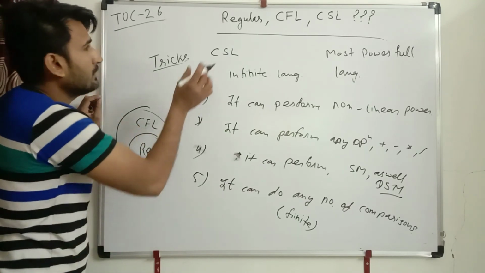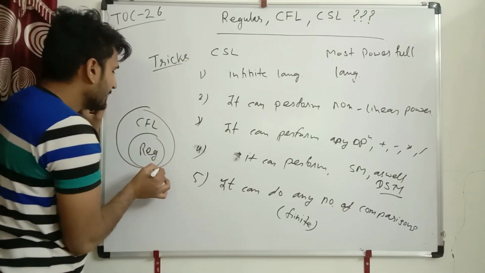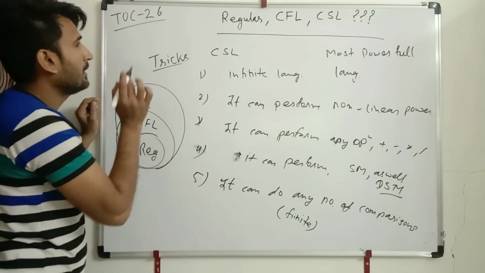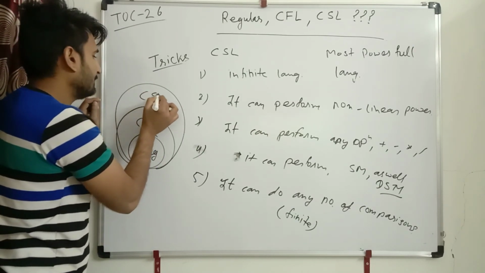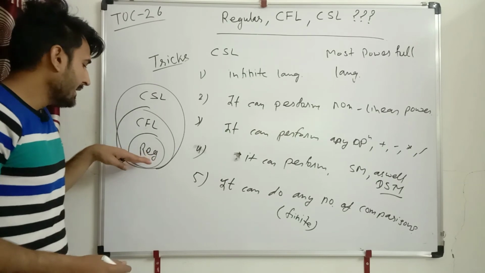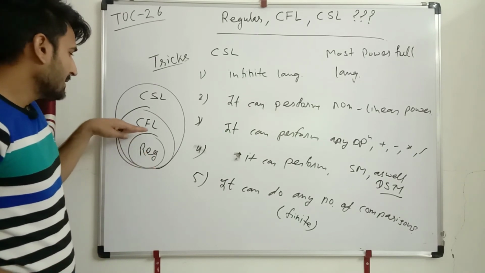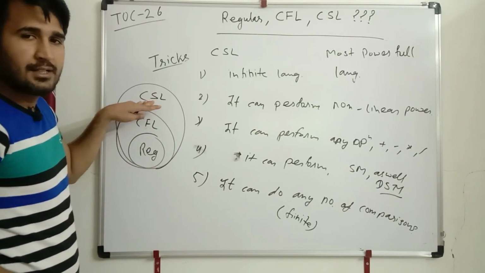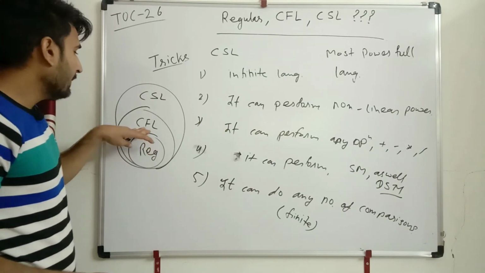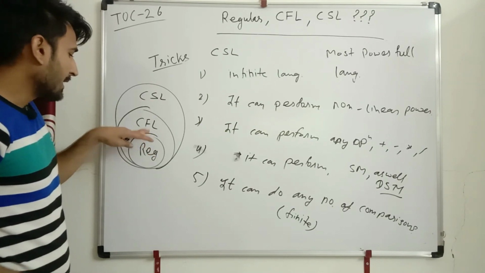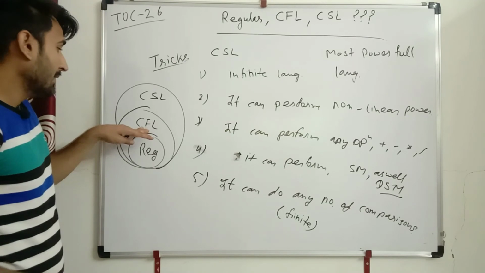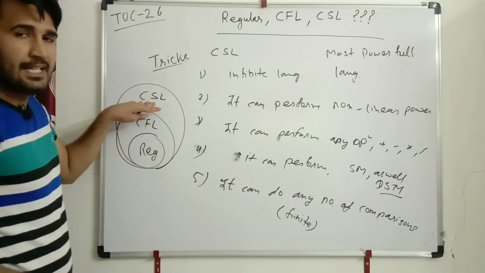Okay, now a CFL can be a CSL. So we can say that every regular language is CFL as well as CSL, and every CFL can't be regular, but every CFL is CSL.